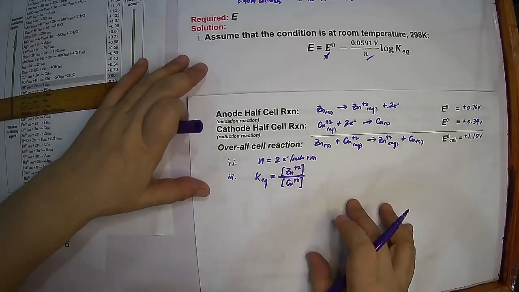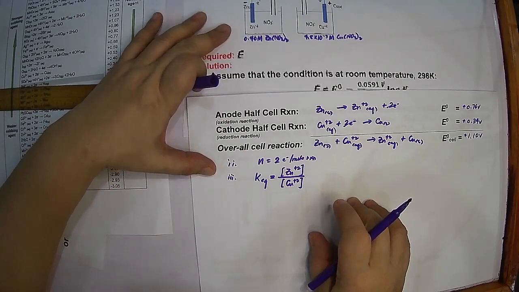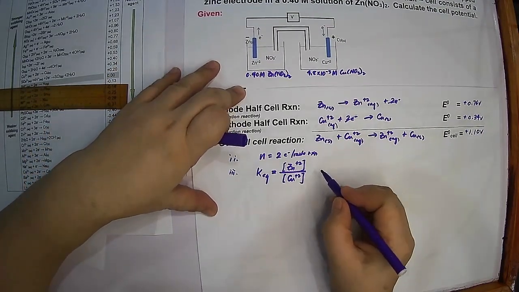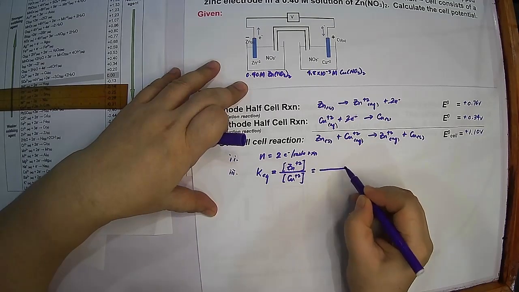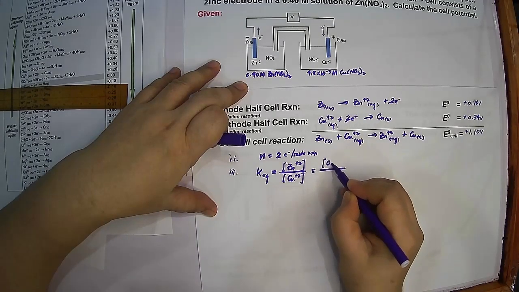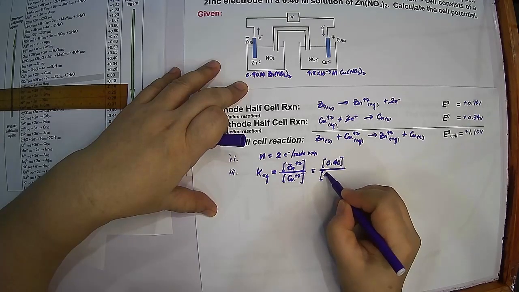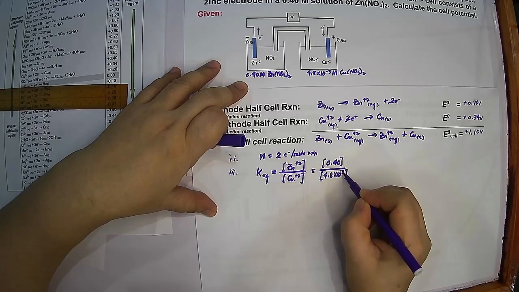Okay. So we substitute the given values here, and this value is your 0.40 over 4.8 times 10 to the negative 3.